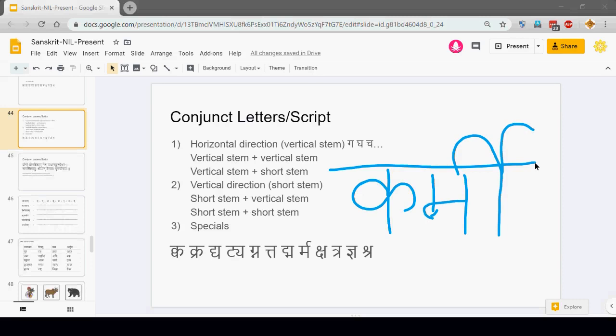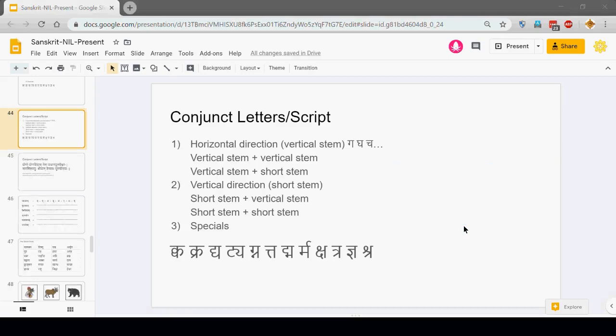Note that again we go from top to bottom: the ra consonant part is on the top, so ra, kar, then ma, and whatever vowel part is there is always pronounced at the end, karmi. After finishing all the consonant parts, then we pronounce the vowel part.